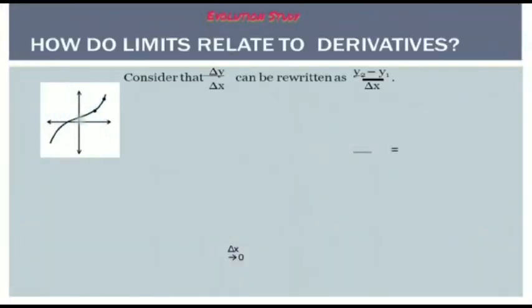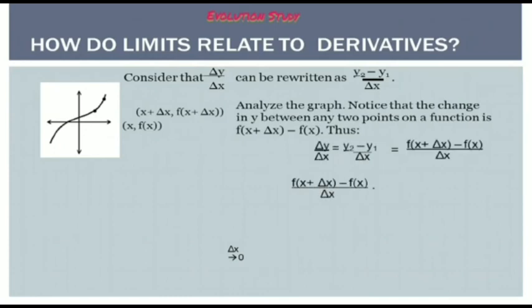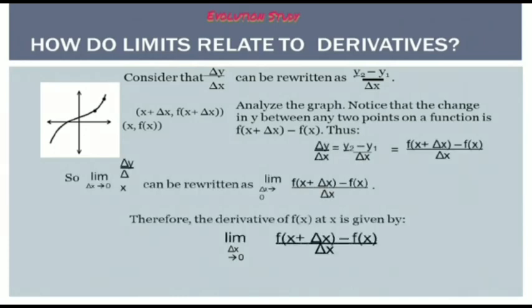Consider that delta y by delta x can be rewritten as y2 minus y1 divided by delta x, with points (x, f(x)) and (x plus delta x, f(x plus delta x)). Analyze the graph. Notice that the change in y between any two points on a function is f(x plus delta x) minus f(x).